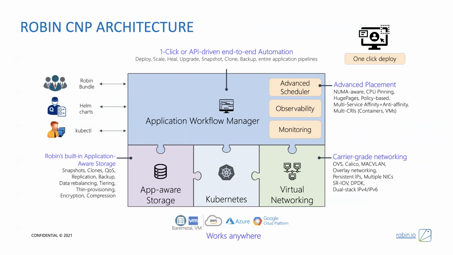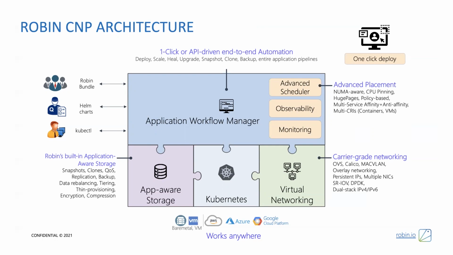Robin CNP can be deployed anywhere, whether it's bare metal, VM, or any public cloud. And we have a one-click deployment script that can deploy your entire cluster using one single script, which packages all the things that we bring with the solution and can be deployed anywhere using the same script.